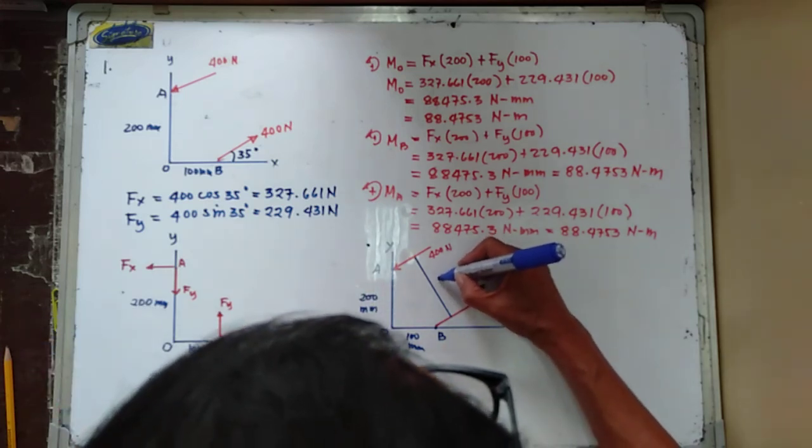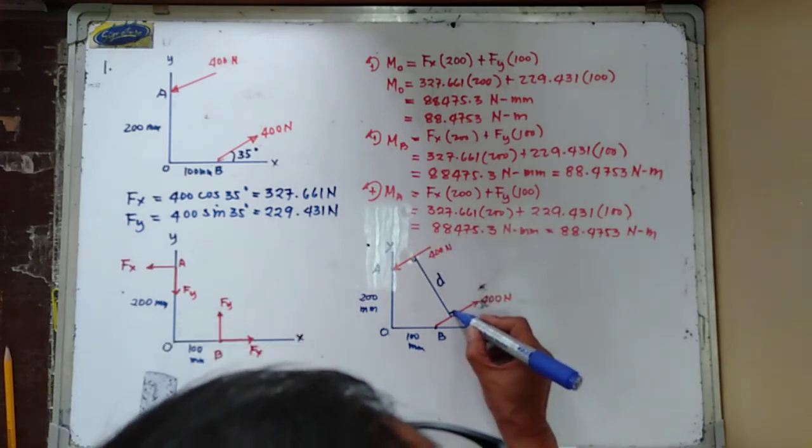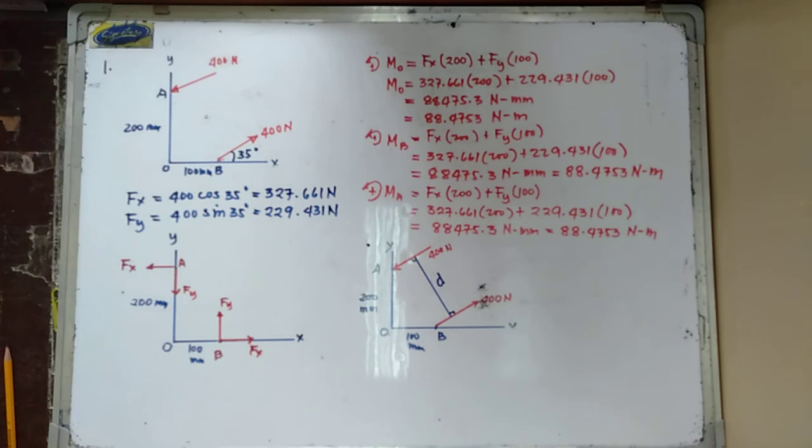Let us consider this one as D, and that is 90 degrees. Going back to the moment produced by a couple, this is equal to the product of the magnitude of one of the forces composing the couple, multiplied by the perpendicular distance between their lines of action.